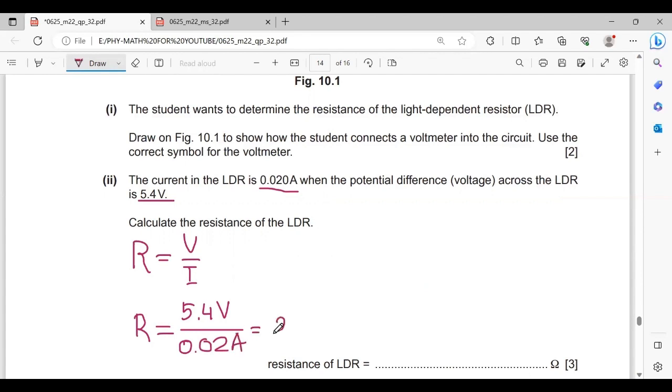So it's going to be 270 ohms. Okay. So the answer is 270 ohms.